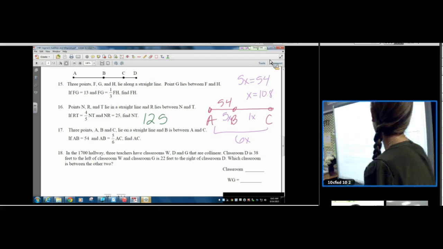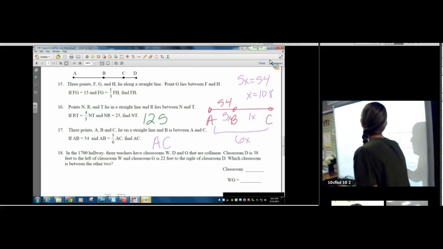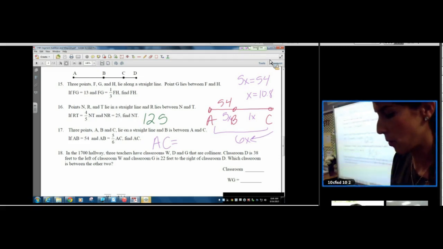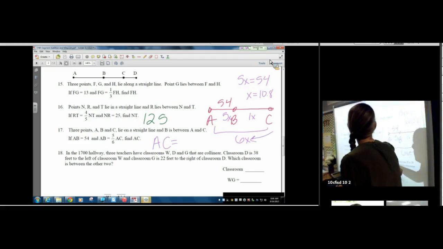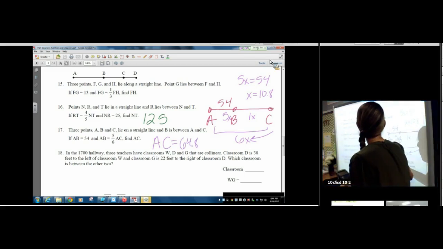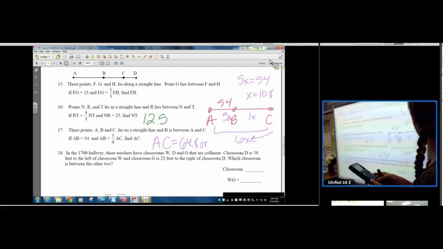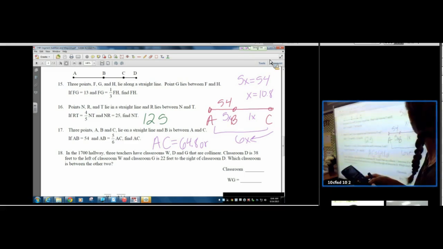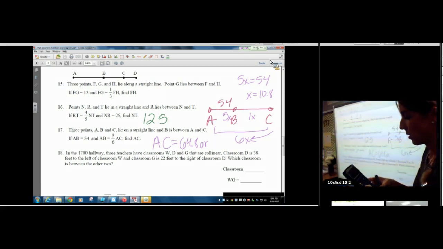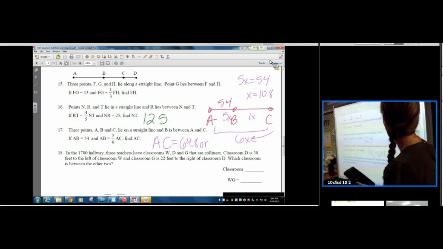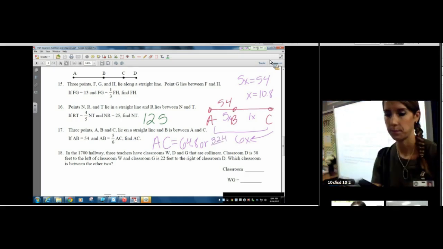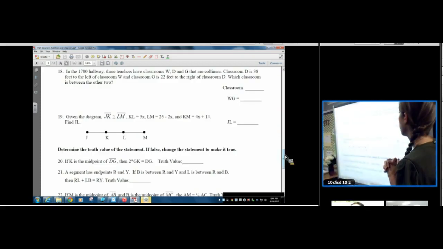It was asking for AC, so you just plug it in right here. 6 times 10.8, which is 64.8, or you could do 6 times the fraction, 54/5. And then you can do math, enter, and it's pretty ugly, 324/5.